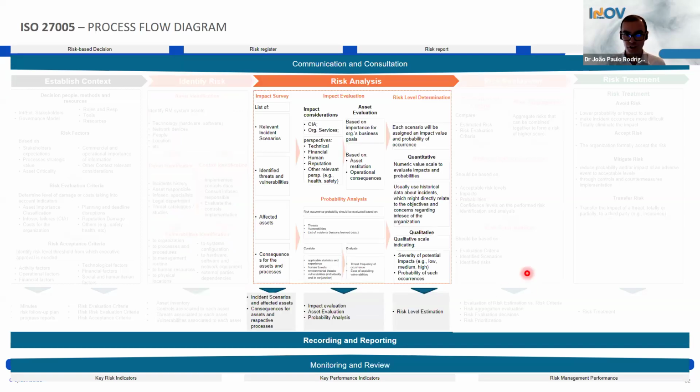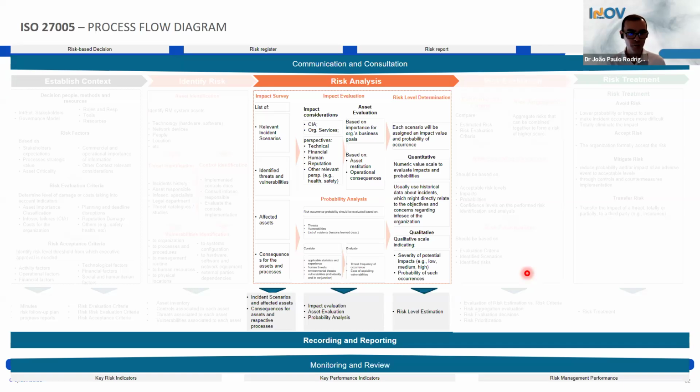Then we have the risk analysis phase. In this stage, an impact survey is made taking into account relevant incident scenarios, identified threats and vulnerabilities, affected assets, and consequences for the assets and processes. This will be followed by impact evaluation and probability analysis. Within the impact evaluation, we have to consider the confidentiality, integrity, and availability of the assets within the scenarios.